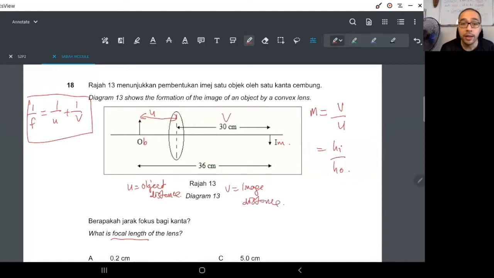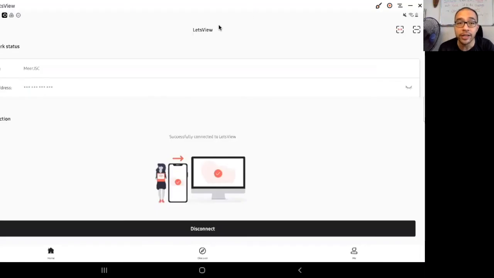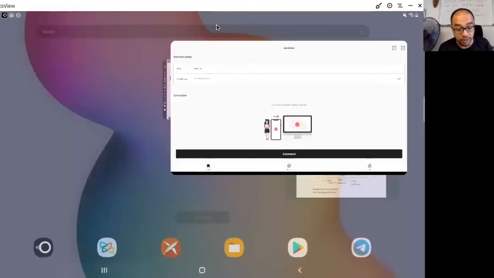The only thing that you need to be careful of when answering this question is that you need to make sure that all these three are in meters. Oh, it has happened again. You need to make sure that the unit is in meters. I know for some strange reason the unit has to be in meters. I also don't know why.